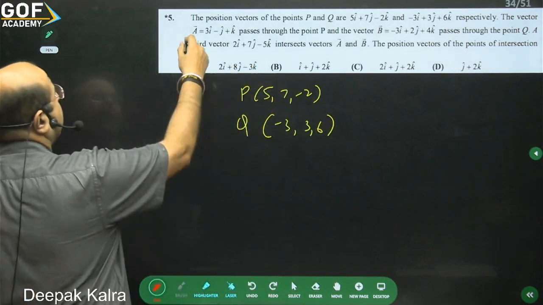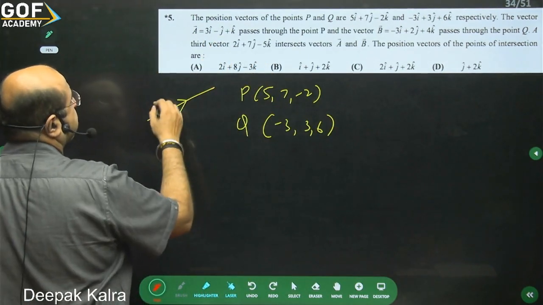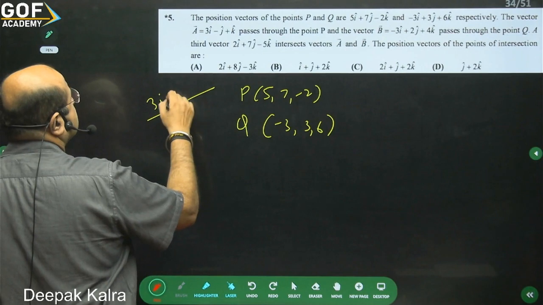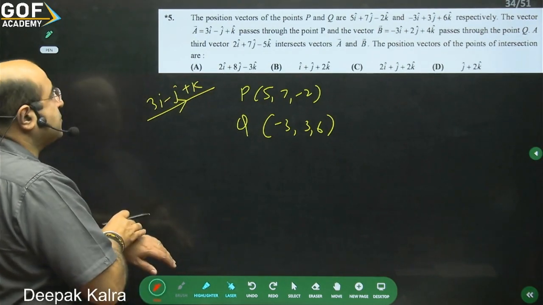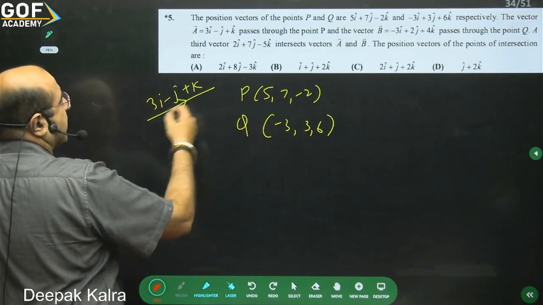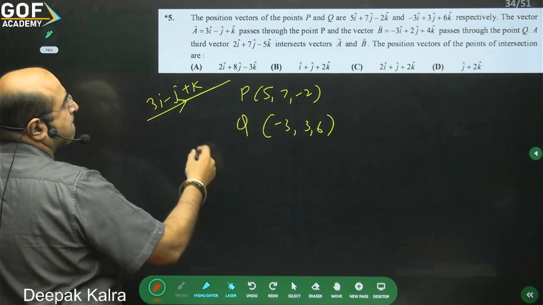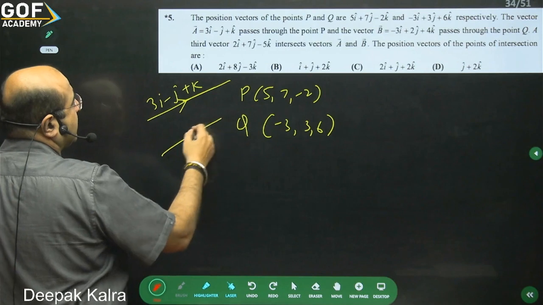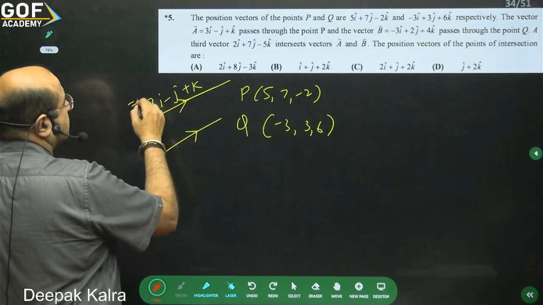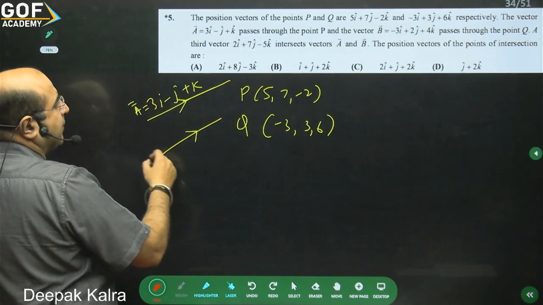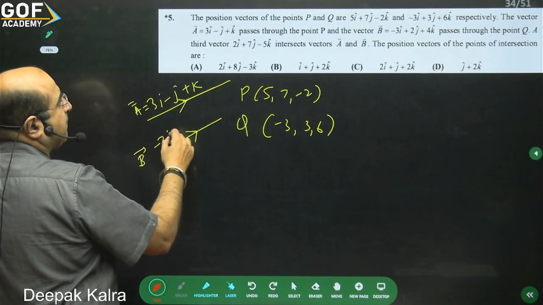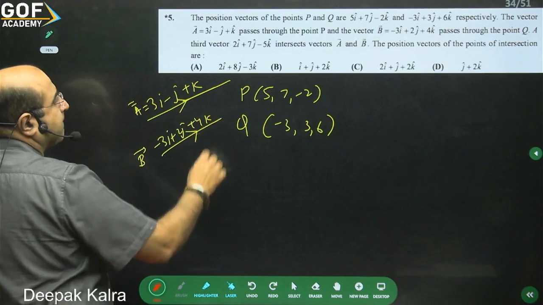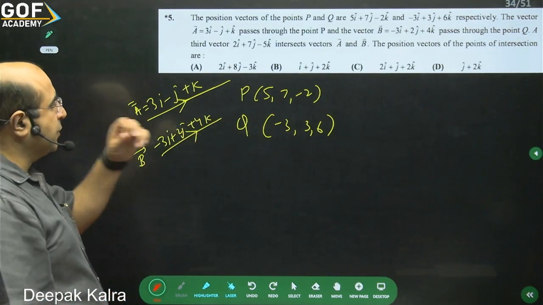The vector A, 3i minus j plus k, passes through the point P. Okay, this is passing through this. And vector B, where the drs are given, minus 3i plus 2j plus 4k, passes through Q.